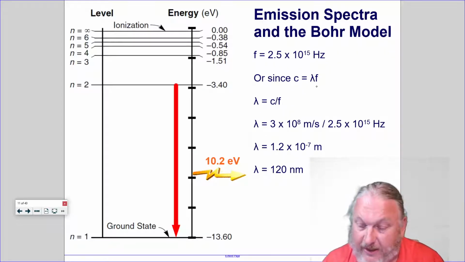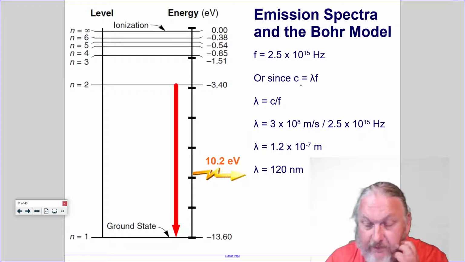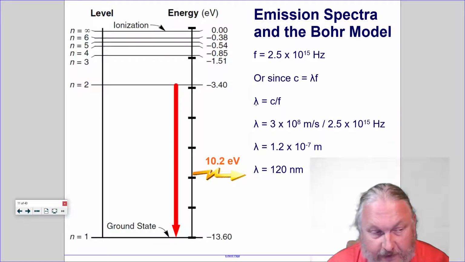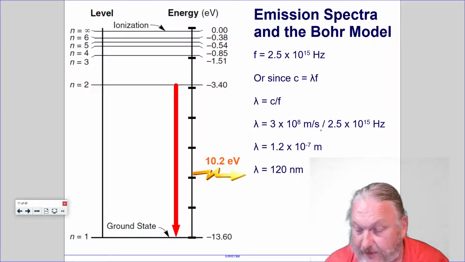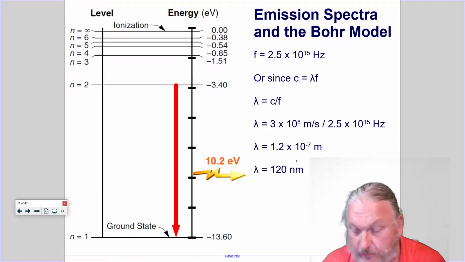We can put that into our wavelength formula, since we know the speed of light. The wavelength is the speed of light divided by the frequency, and we get 1.2 times 10 to the minus 7th meters. If we were to convert that to nanometers, we divide through by 1 times 10 to the minus 9th.